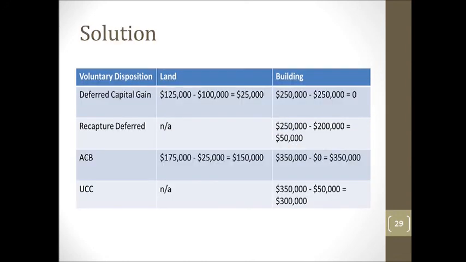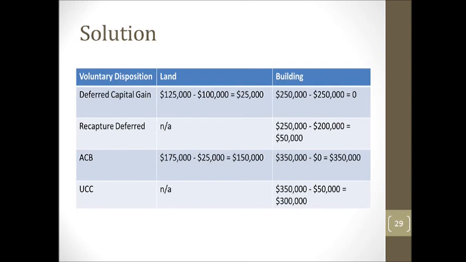Okay, on the next slide here we have the solution. The capital gain of $25,000 on the disposition of the land and the $50,000 recapture on the disposition of the building are both deferred.